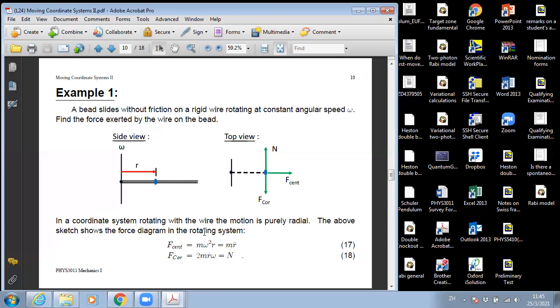If this instrument is inside an elevator, the setup is exactly the same. Right. No effect at all.